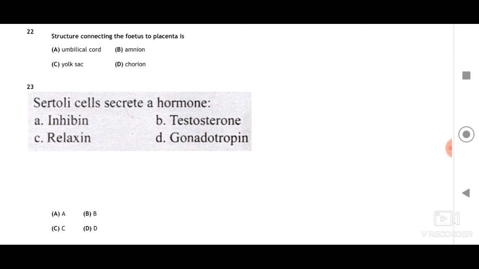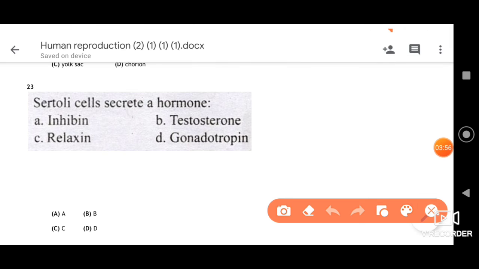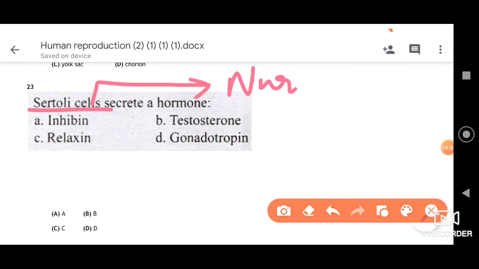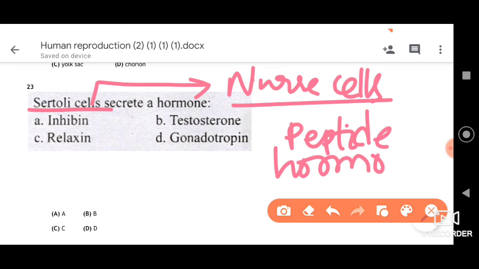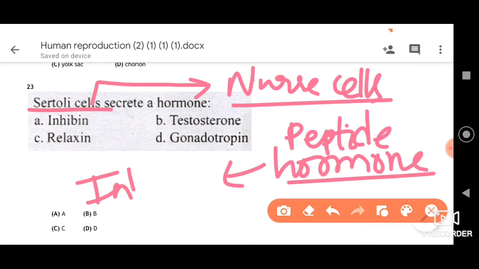Here, dear friends, whenever we are speaking about the Sertoli cells, they can also be referred to as the nurse cells, and they provide the nutrition for the developing sperms. That's why they are called nurse cells. They secrete a peptide hormone, generally referred to as inhibin B, or generally we can say inhibin.